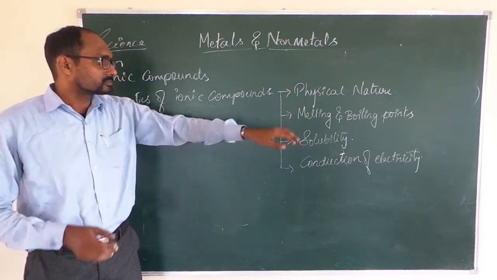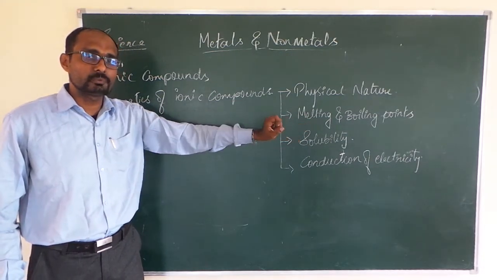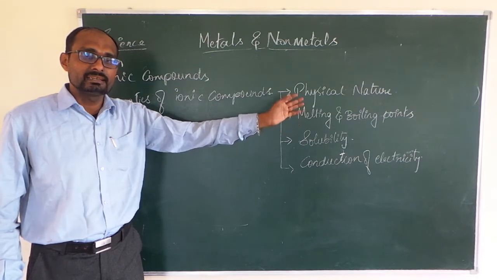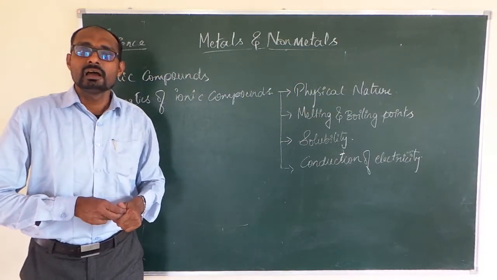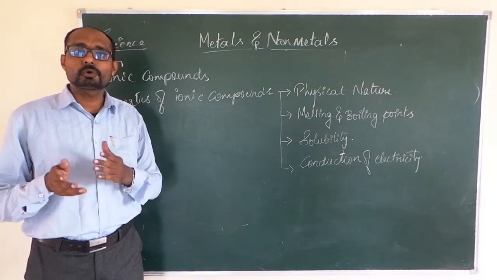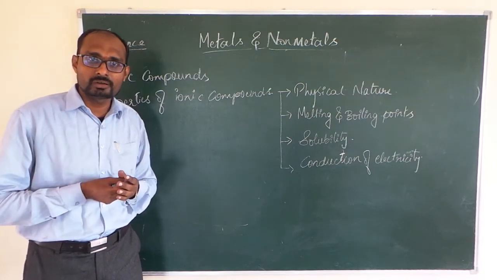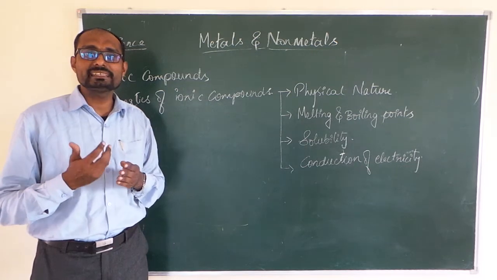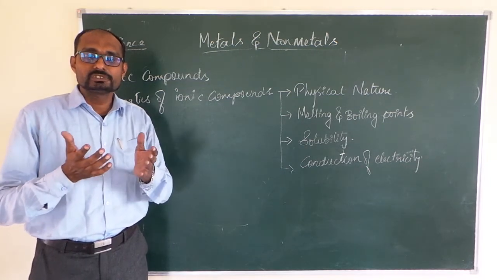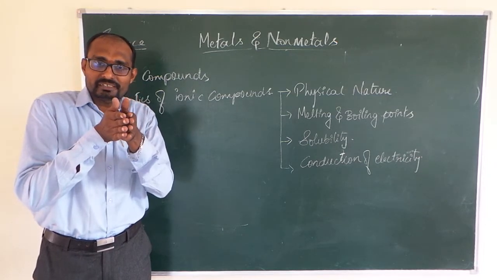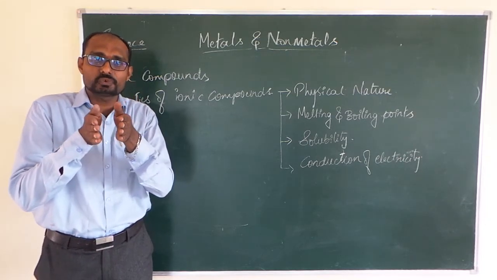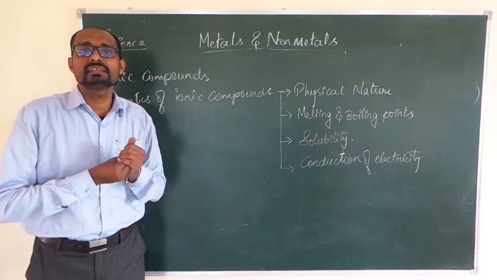Now, in the case of ionic compounds, we say that they have a very strong force of attraction. Automatically, when the force of attraction is very strong, the amount of heat energy required to decrease the force of attraction is also very high.